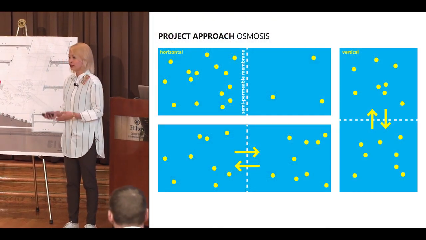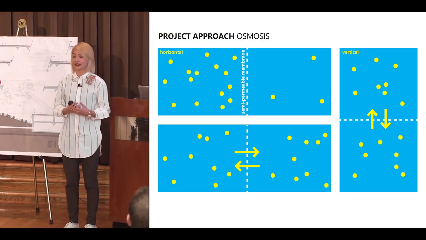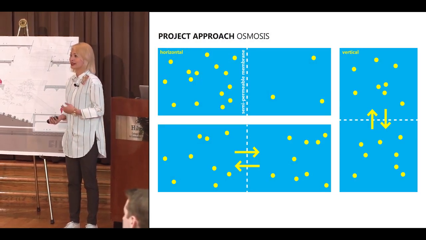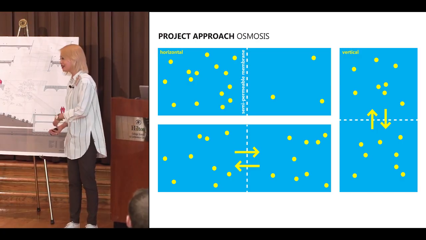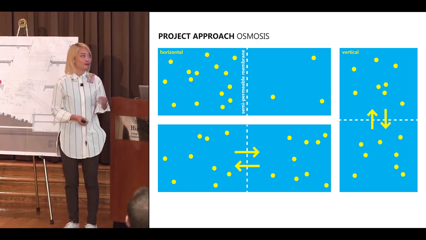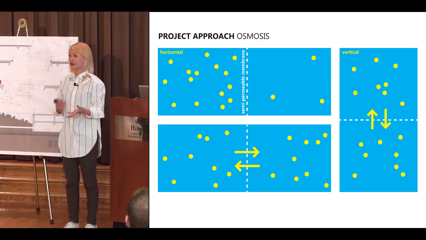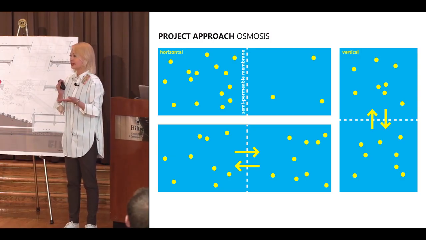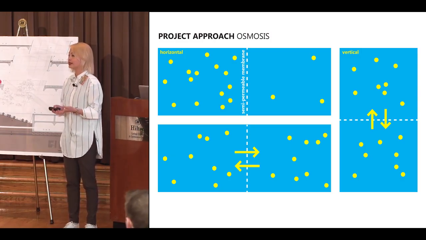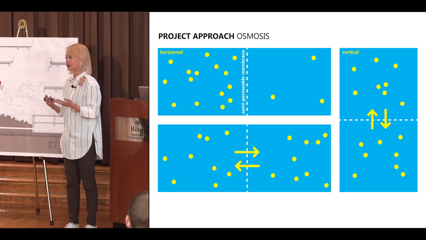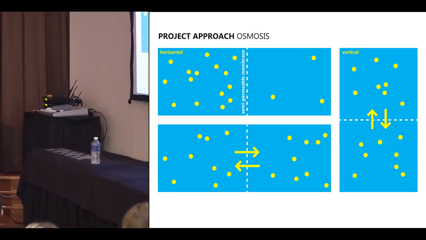For my project approach, I decided to look into the definition of osmosis, taking the very basic concept. In a solution, there's a concentrated side and a non-concentrated side of molecules, and those molecules are able to flow freely through a semi-permeable membrane.